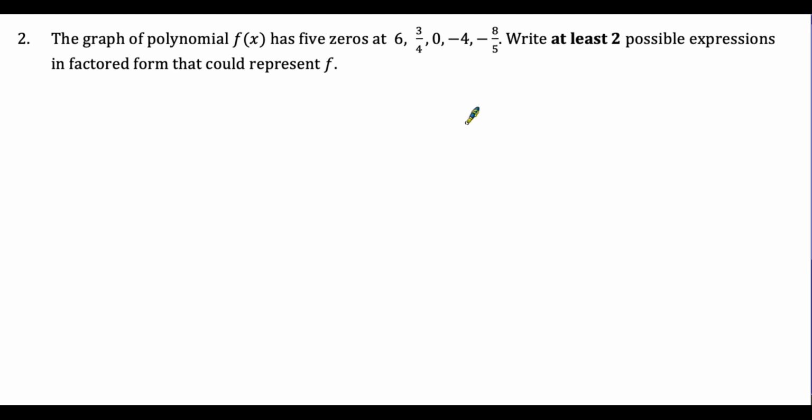Number 2 then. This one was kind of open-ended. There are a lot of possible correct answers for this one. So write at least 2 possible expressions in factored form that could represent f. Now, if I have an x-intercept at positive 6, remember the factor that would come from would be x minus 6, because we're thinking, okay, well, what happens when I set this factor equal to 0?